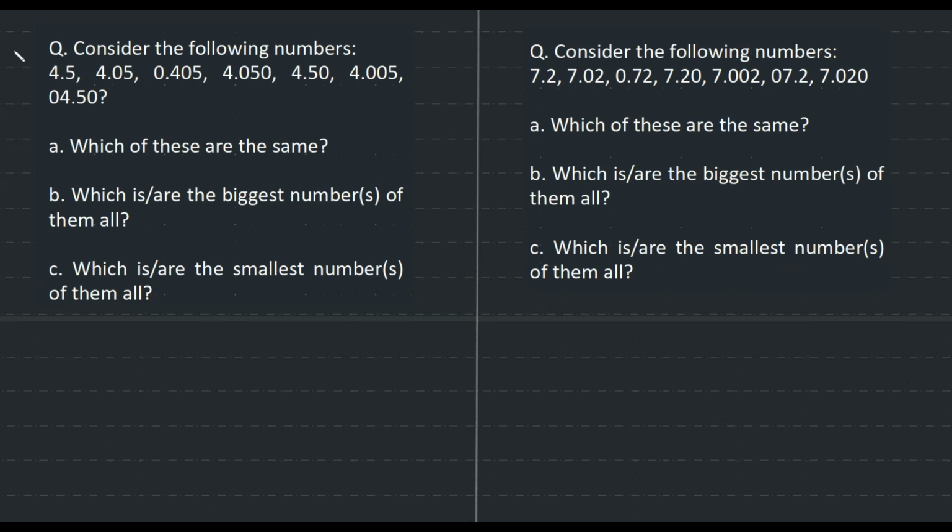Now, based on that, can you figure out the following question? Which of the following has the same value? 4.5, then 4.50, because adding 0 after a decimal point will not make any difference.